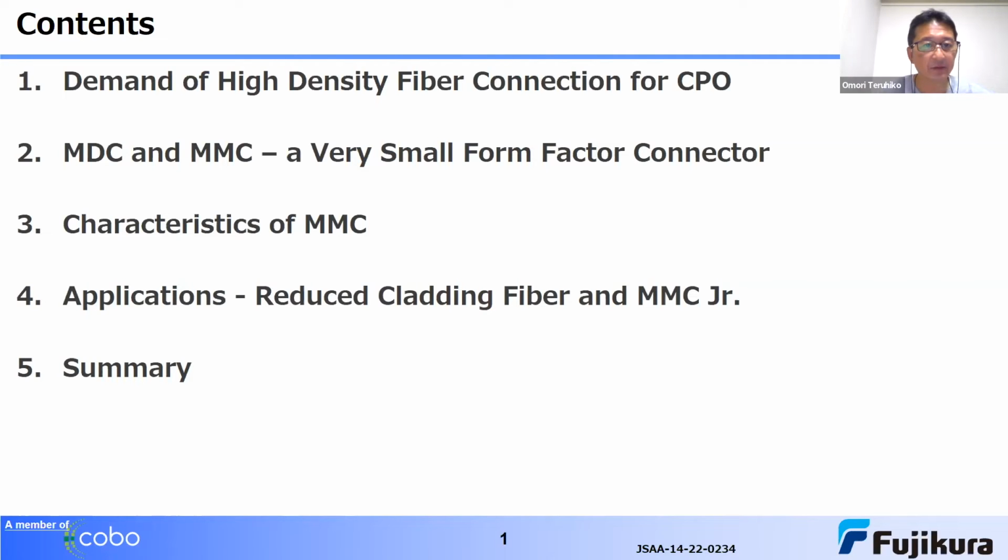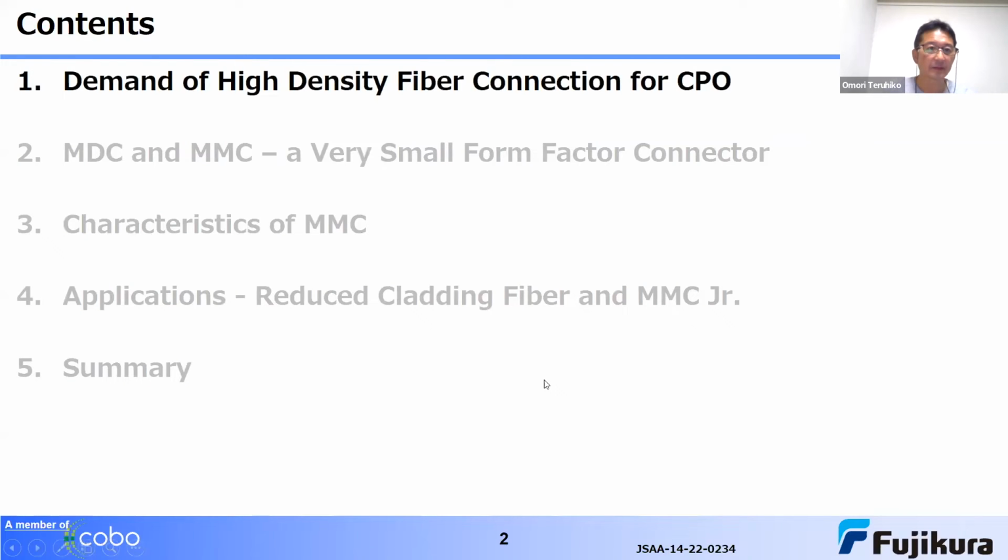Second, MDC and MMC, very small form factor connectors. Third, characteristics of the MMC connector. Fourth, applications, reduced cladding fiber and MMC Junior. And finally, summary. First, I talk about the demand of high-density fiber connection for CPO.